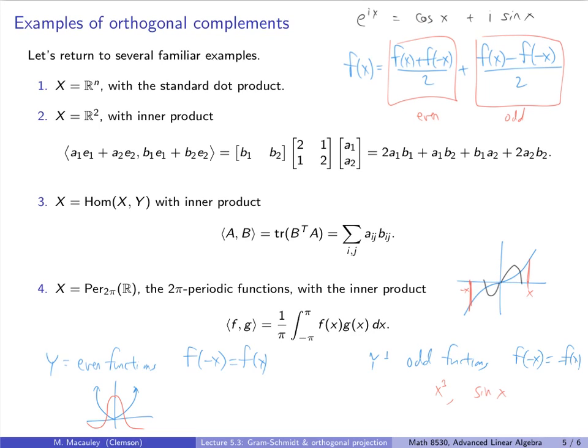Perhaps you've also seen e to the x written as cosh of x plus sinh of x, hyperbolic sine and cosine, and indeed the formulas for cosh and sinh are e to the x plus e to the minus x over 2, and e to the x minus e to the minus x over 2. Okay, so that's where orthogonal complements come up, even in an infinite dimensional space.